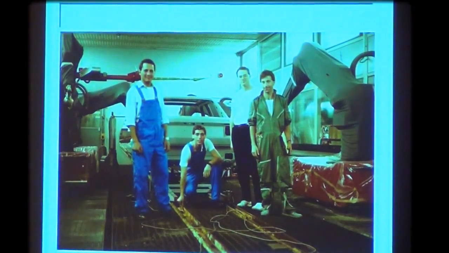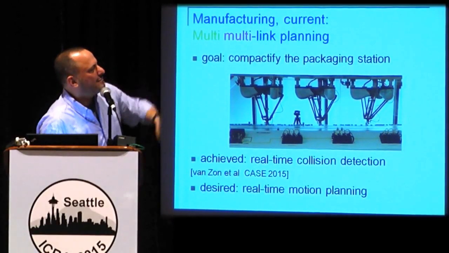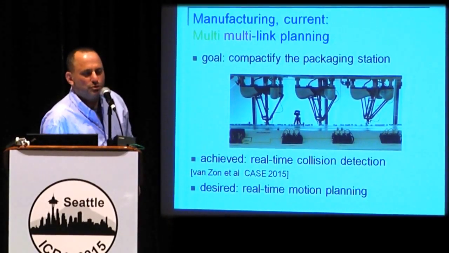This is a grave misconception, and I will conclude my talk with 2 exciting problems on motion planning with many robots in manufacturing. So problem 1, I colored the "multi" so you can be sure that it is not a typo.